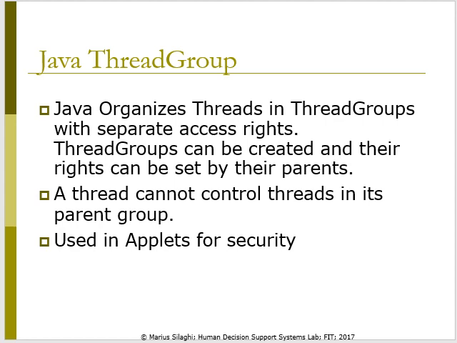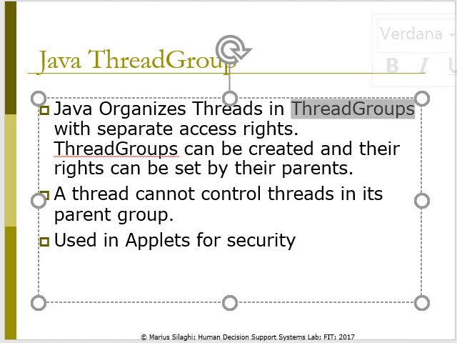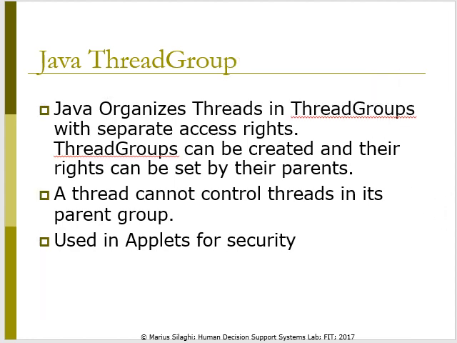Java organizes threads in thread groups. This was important, especially to allow execution in sandbox of untrusted code. So whenever untrusted code, like an applet, is launched, a thread group can be created with limited rights set by the parents.